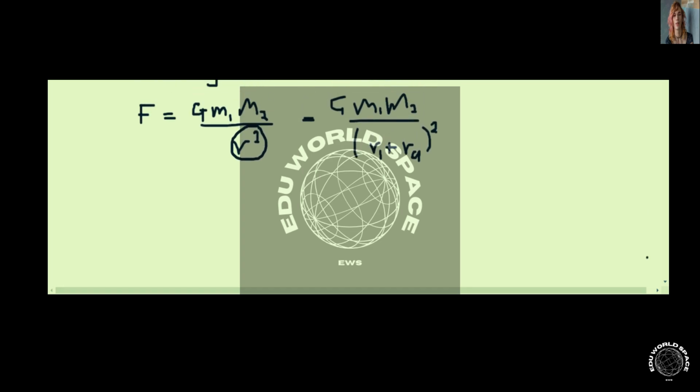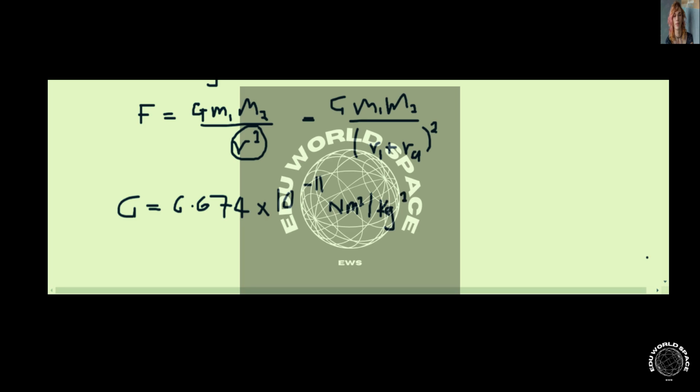G is usually given as 6.674 times 10 to the power negative 11, and the unit is Newton meter squared per kilogram squared.